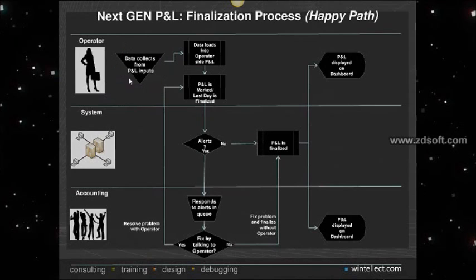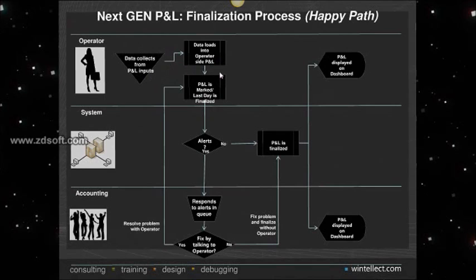You want to start with, in this case, the operator collects data from P&L inputs. Now this may be system inputs, this may be manual inputs. And then the data loads into the operator side P&L. The P&L is marked last day and is finalized.